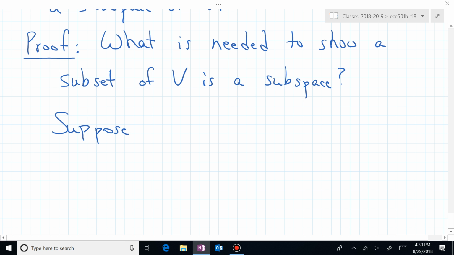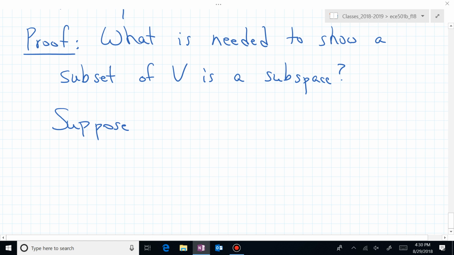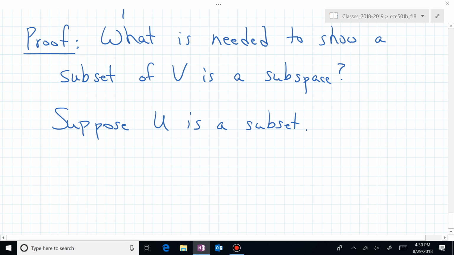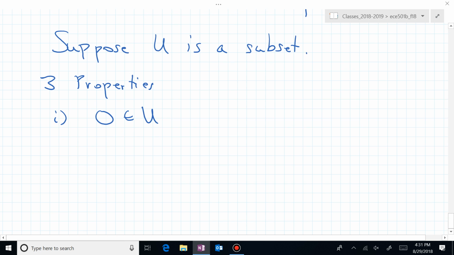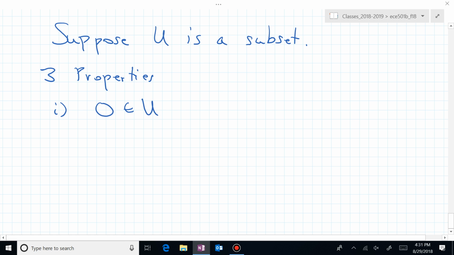So let's suppose then, what did we have? Let's suppose U is a subset of the vector space V. Then we need to show that U also satisfies those three properties. One, that the zero element is in U, the subset, or we have this additive identity.